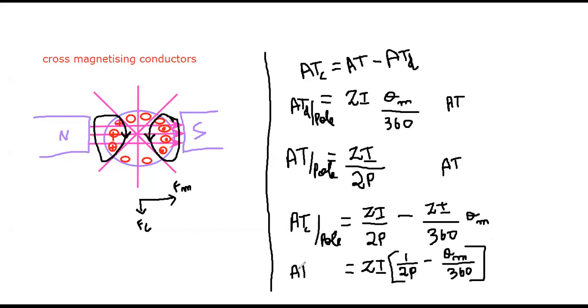This is the formula we obtained for the ampere conductors for the cross magnetization effect. Ampere turns for the cross magnetization effect per pole. For per pole, that is very important. We are dealing with everything for 2 poles here, right? Per pole, and here the unit will be ampere turns.